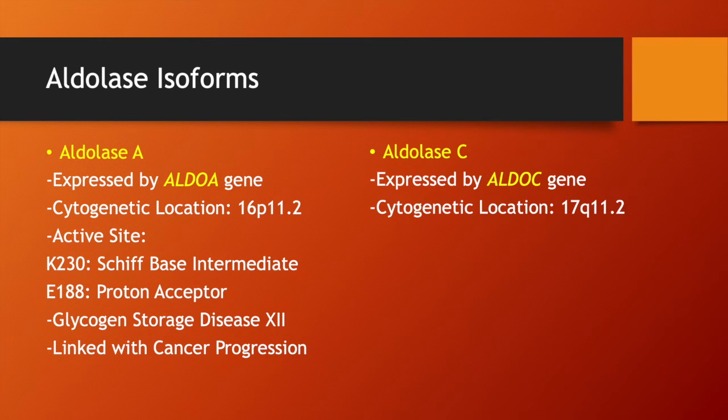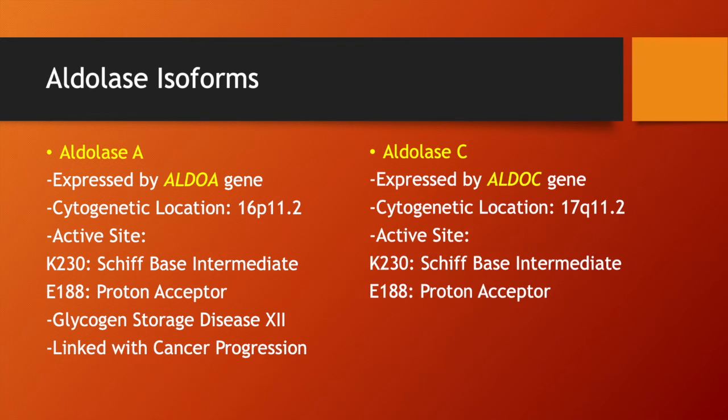ALDOC is located on chromosome 17 on the Q arm at position 11.2. The active site also includes the conserved amino acids seen in aldolase A and actually seen in all of the isoforms.